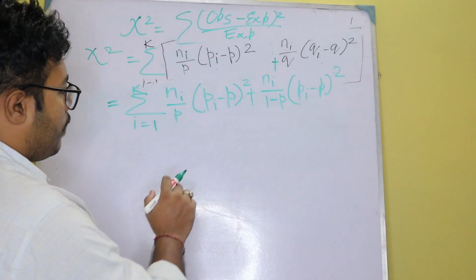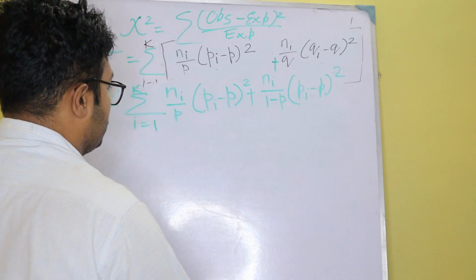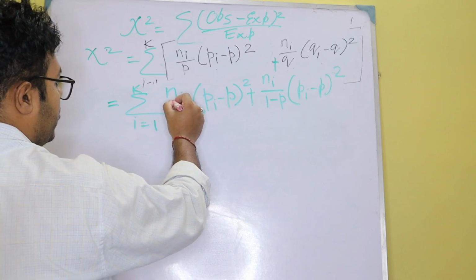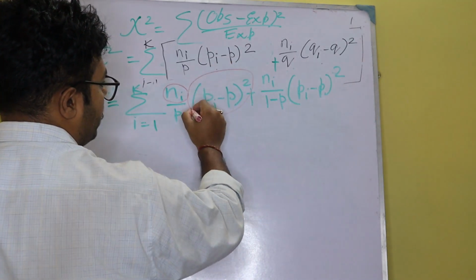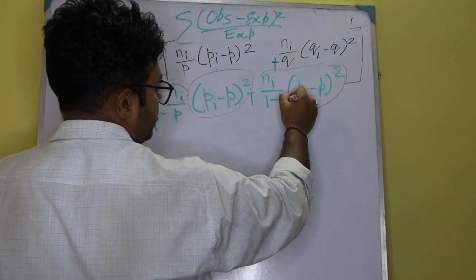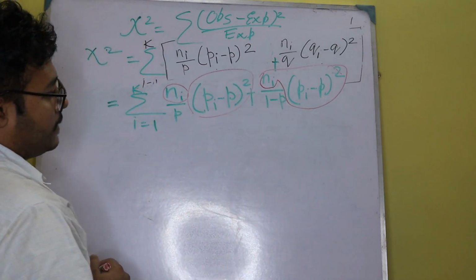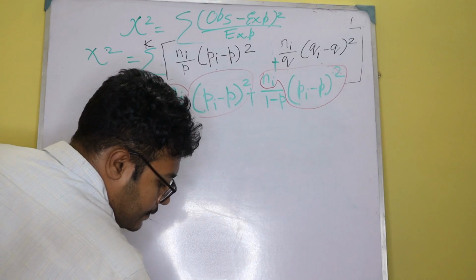Now, what we can see here, we are getting some parts common here. See, this part and this part from the first expression and from the second expression also, these parts are common. So we are taking this out from the total expression.